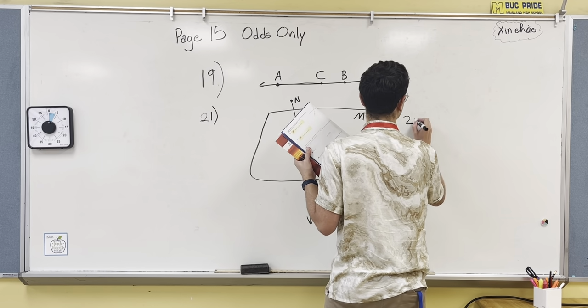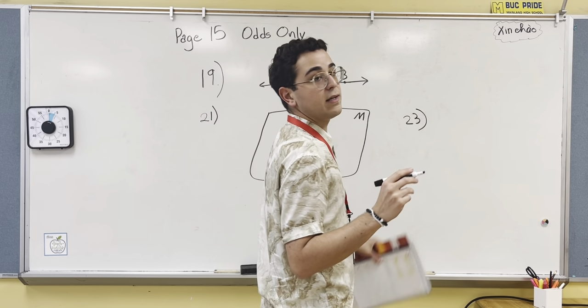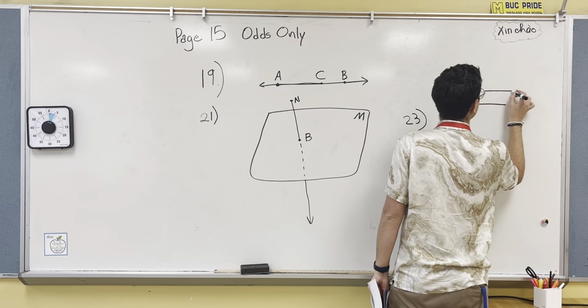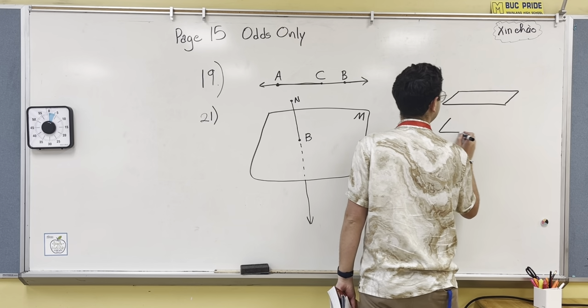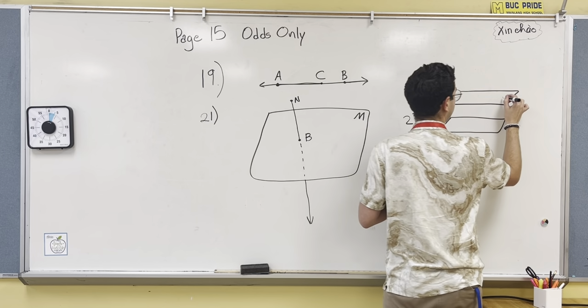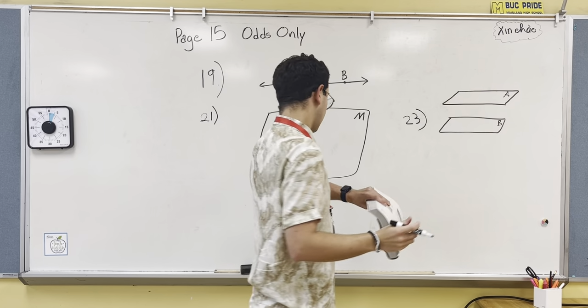23, we have plane A and plane B not intersecting. It looks something like this, right? They're parallel to each other. We have A and we have B, and they never intersect.